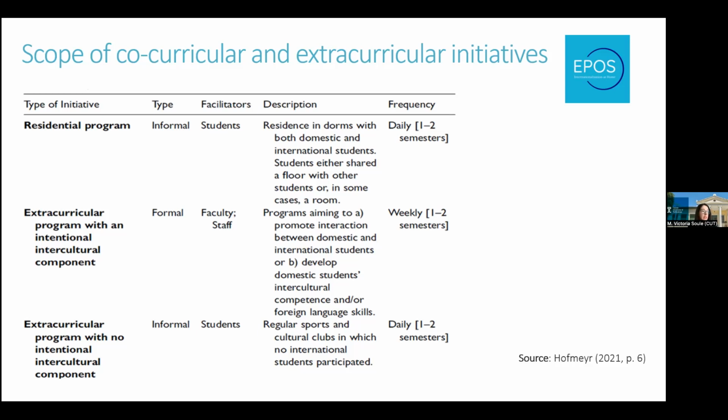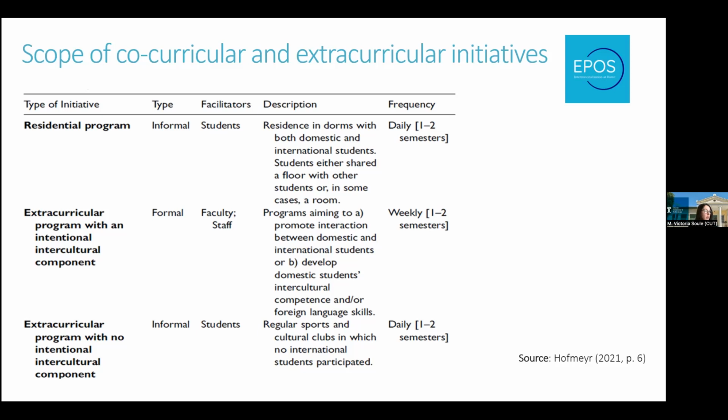And the third type is the informal extracurricular program with no intentional intercultural component. This can take place in the format of regular sports or cultural clubs. And it's important here to notice that this kind of initiative is managed or supervised by the students themselves.